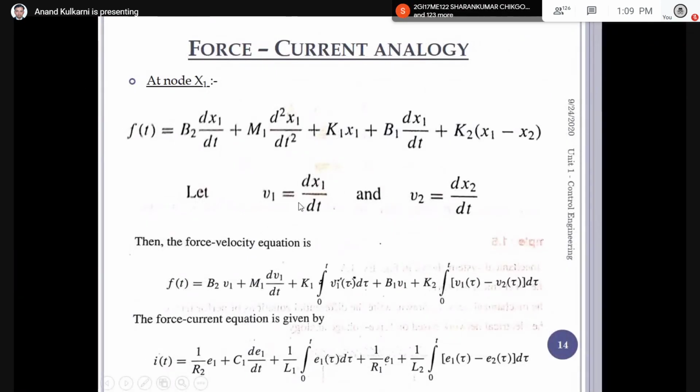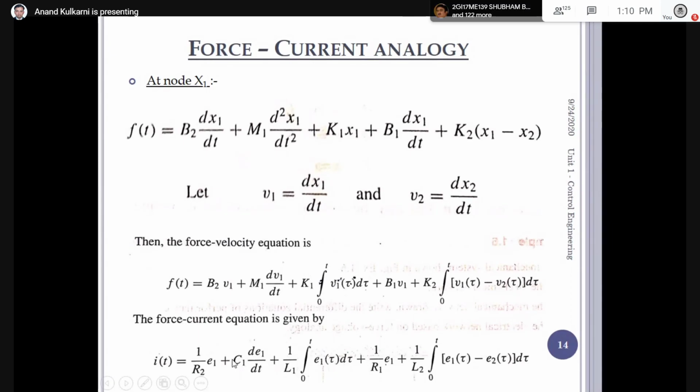Now, whatever table I had asked you to take down, having written this velocity term, what you have to do is compare the corresponding electrical terms we had written in the table. For force, the electrical term is current, that is I. Corresponding to B, it was 1 by R. Corresponding to velocity, we have voltage, that is E1, written here.